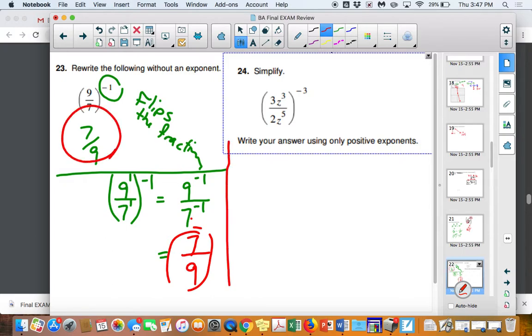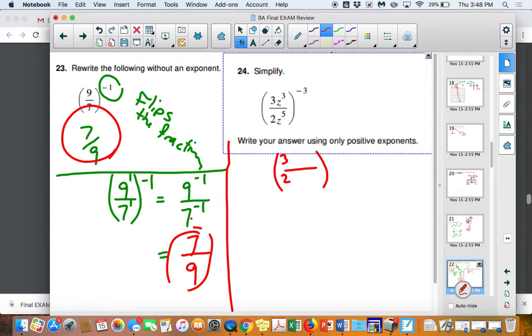All right, when you get to this one, we're supposed to work all this out. There's nothing to reduce inside, because if you notice, you can't reduce 3/2. Oh, wait a minute, excuse me, those are z's. So we could reduce it. Let's see here. We can go ahead and do that. 3/2 is good. But for my z's, I got 3 up top, got 5 in the bottom.